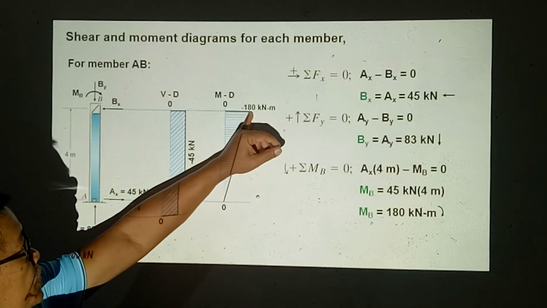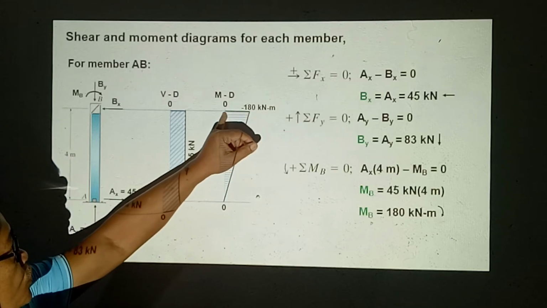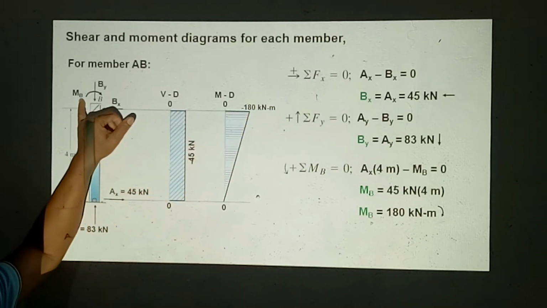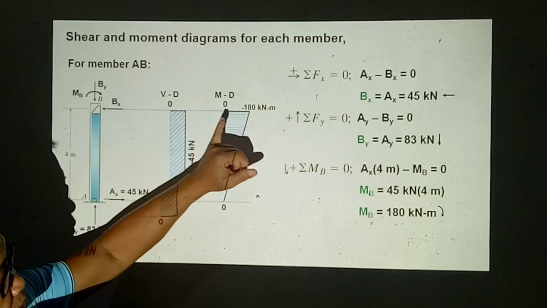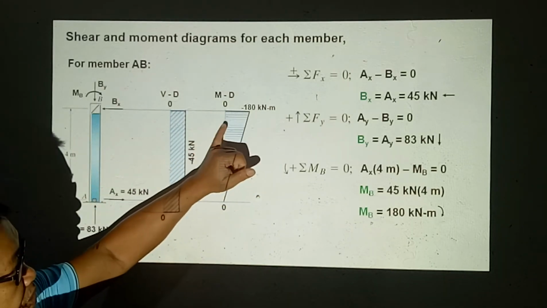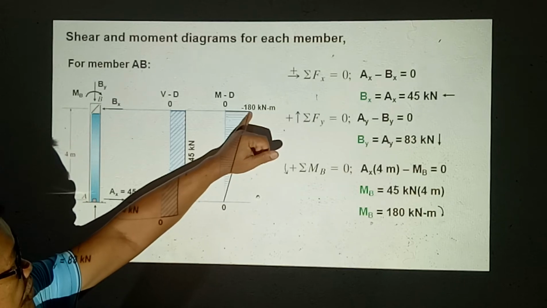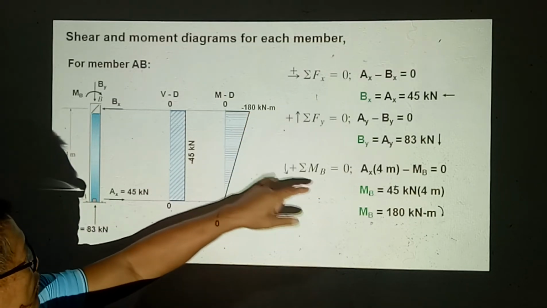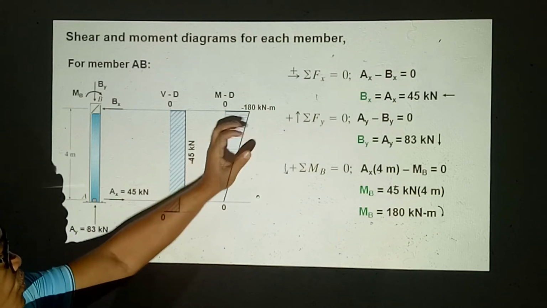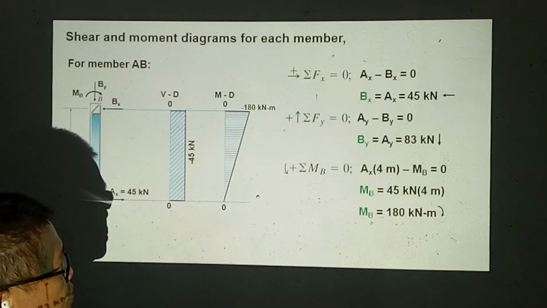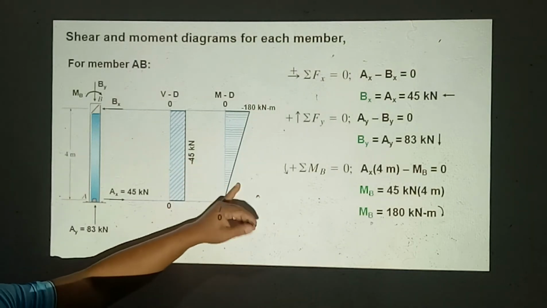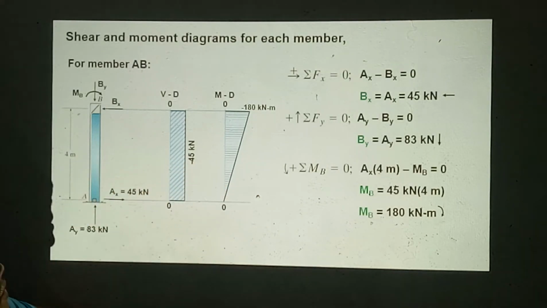And from this point, it goes back to 0 because we have a positive moment, a clockwise moment at B. So it's just added to negative 180, negative 180 plus 180, and it goes back to 0. So it also closes the moment diagram. So this describes the shear and moment diagram for member AB.